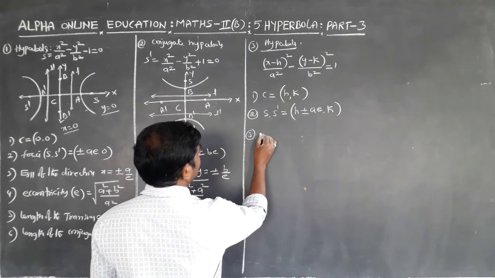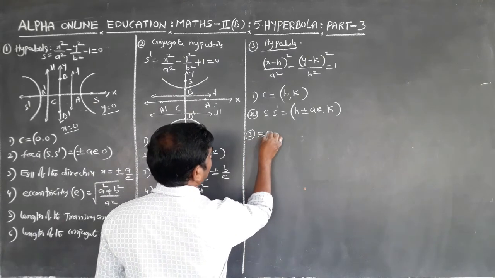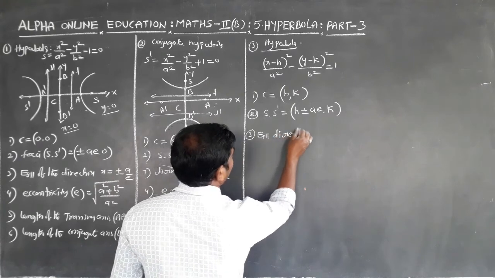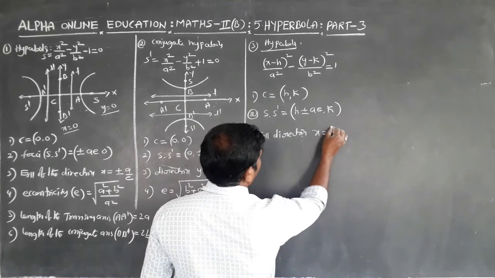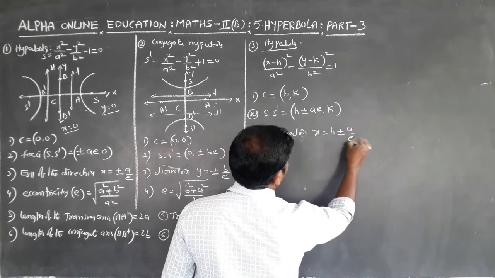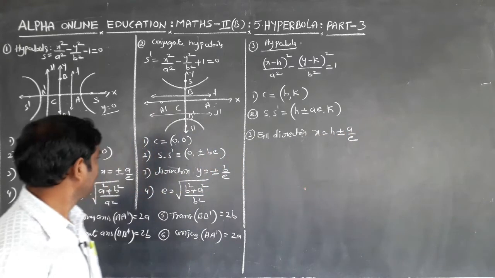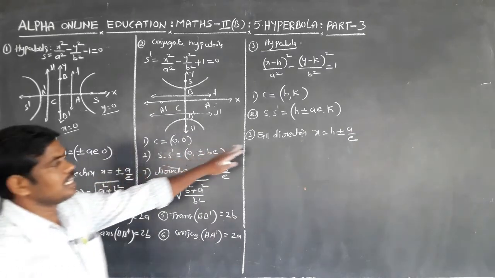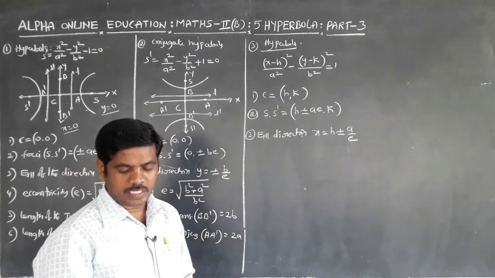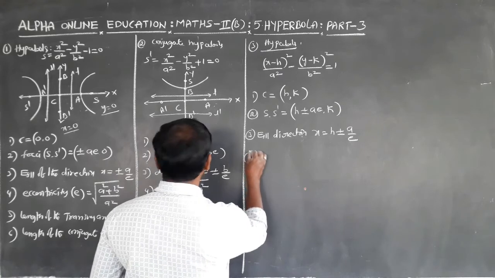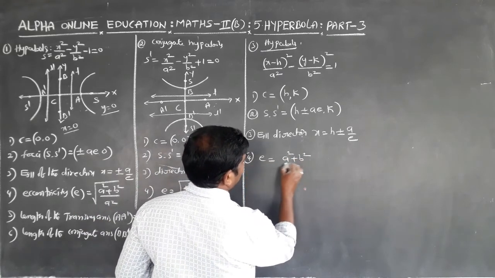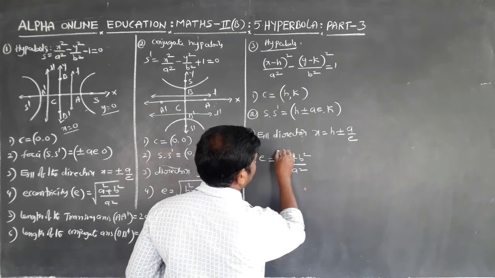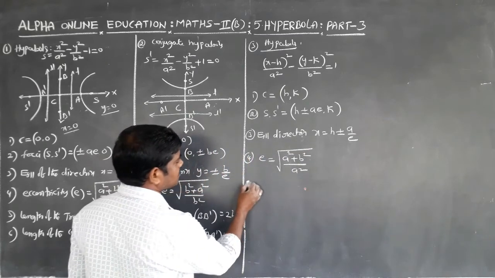Next one is the equation of the directrix: x equal to h plus or minus a by e. Next one is eccentricity e equal to under root of a square plus b square by a square.